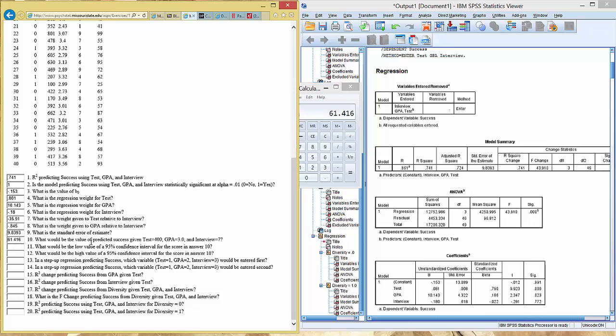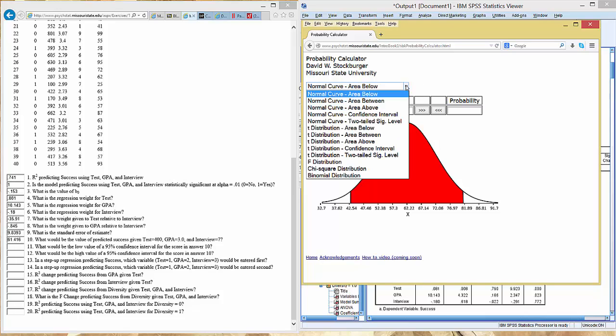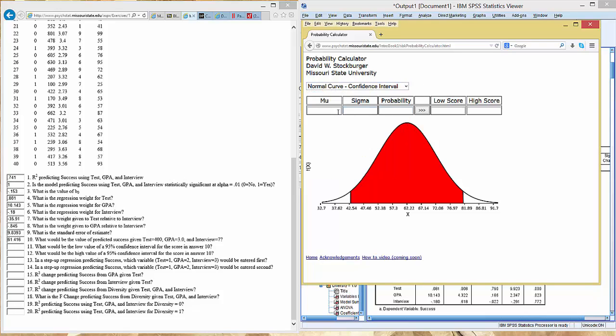Now we need to find a confidence interval. We'll pull up our probability calculator. We'll look for a confidence interval. Mu will be 61.416. Sigma will be 9.8393.